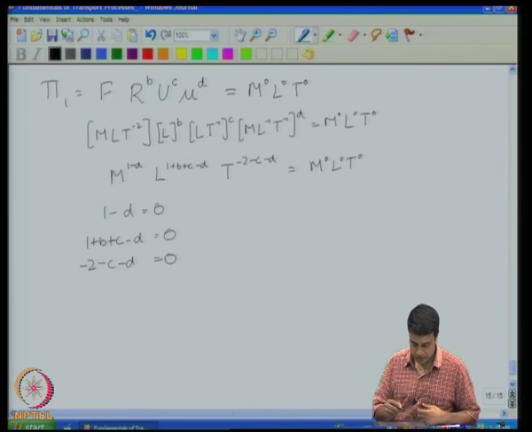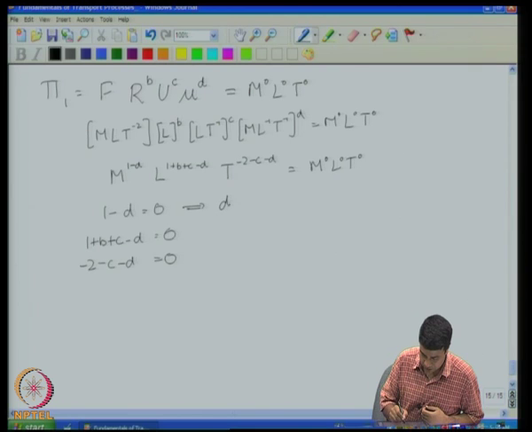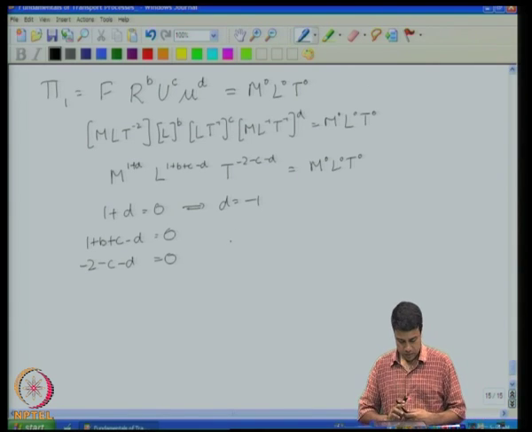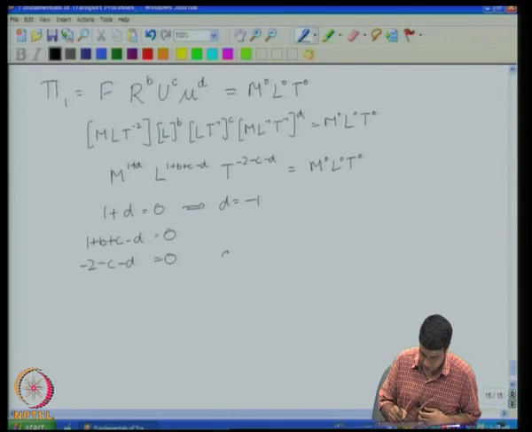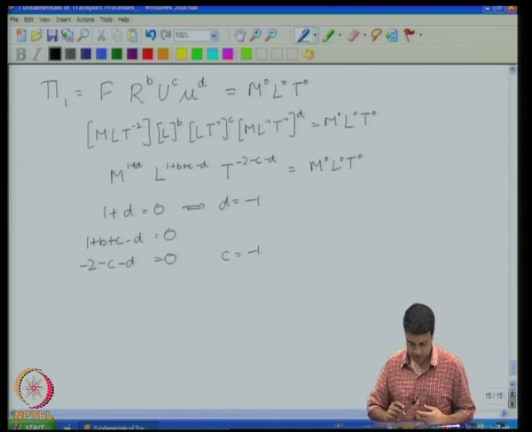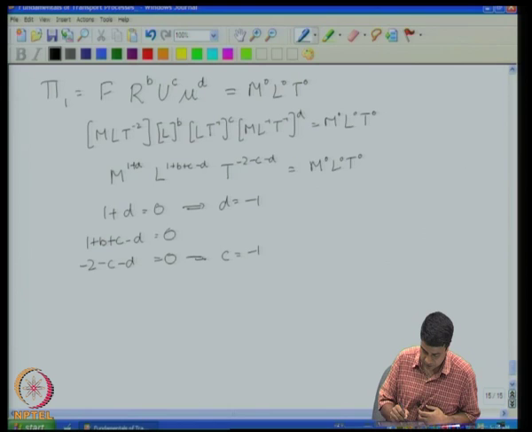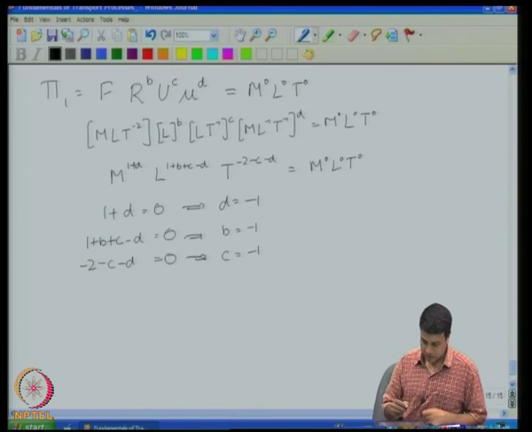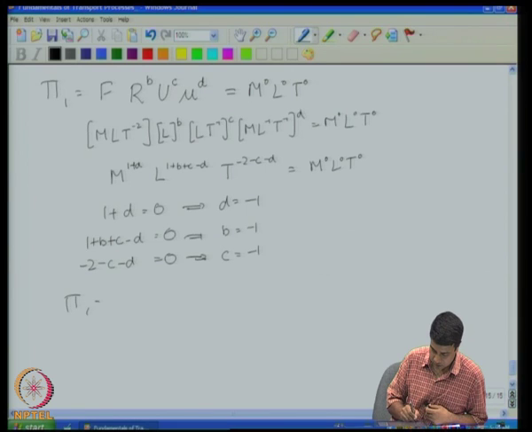So, I can solve these equations. This will give me d is equal to minus 1. This equation will give me c is equal to minus 1, and from that I will get b equals minus 1. So, this dimensionless group pi 1 is equal to f by mu u r.